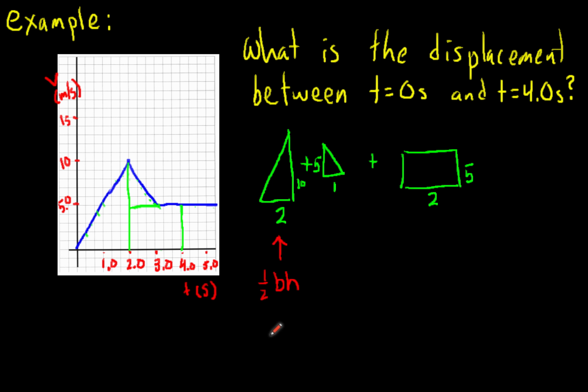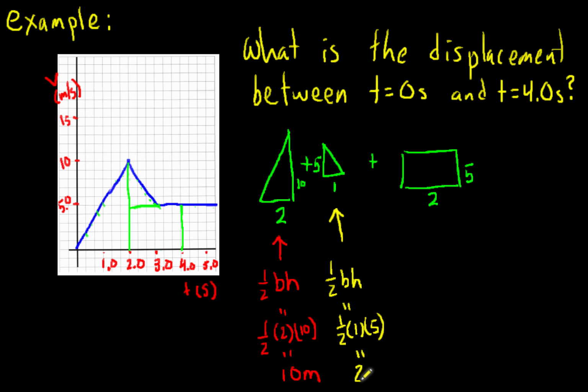The area of the first triangle is 1/2 base times height, which equals 1/2 times 2 times 10, which is equal to 10 meters. The second triangle has an area 1/2 base times height, which is 1/2 times 1 times 5, which is 2.5 meters.